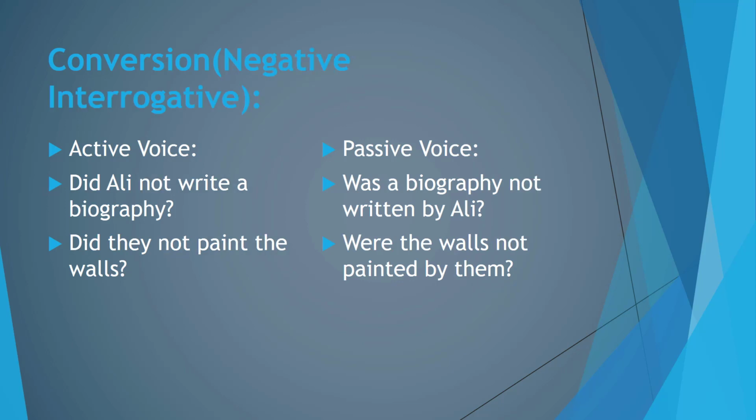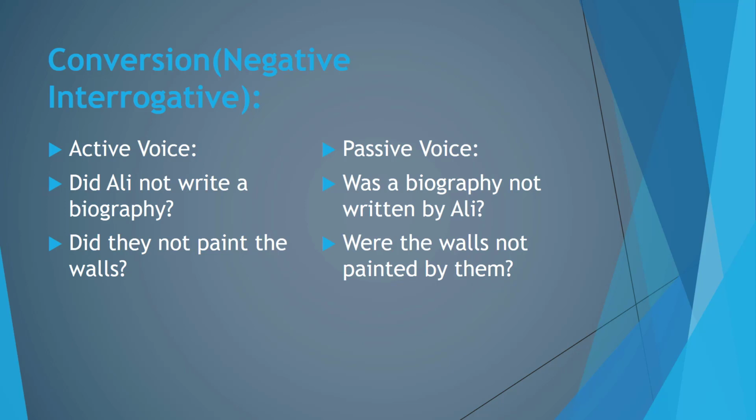The next type of sentence is negative interrogative. Negative interrogative is used when the speaker expects a particular answer. It is basically a combination of negative and interrogative. For example, did Ali not write a biography? And the passive voice says, was a biography not written by Ali?